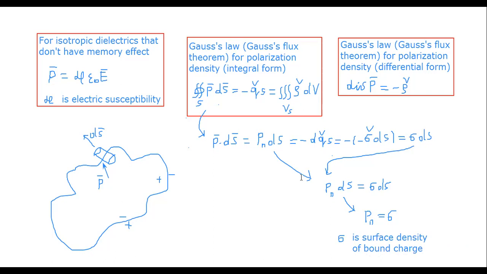Sorry, I cannot distinguish these two symbols. This is rho, right? Yeah, this is rho, and this is sigma. Sigma, it is a Greek letter.